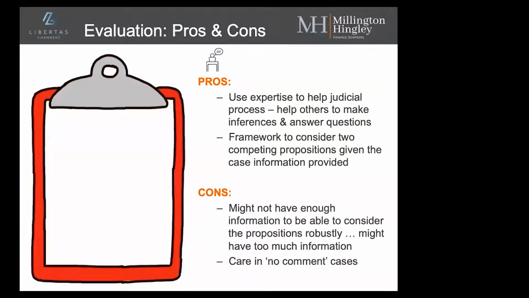And of course, contextual bias and the bias of information is something that we need to manage in this process. We need to take real care when we're dealing with no comment cases, because it means that we don't have the alternative against which to balance our opinion in relation to the prosecution allegation. And this is where we can come unstuck a little bit.